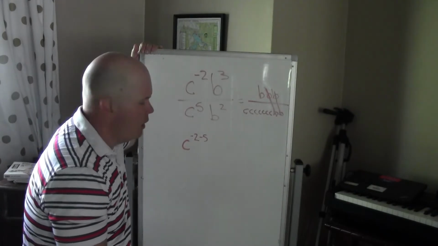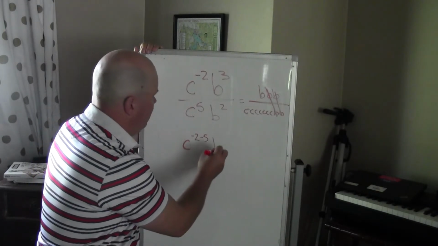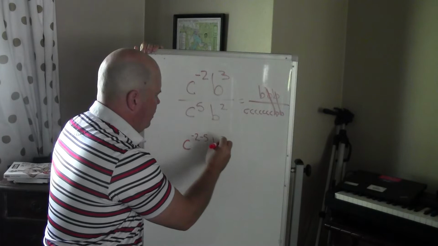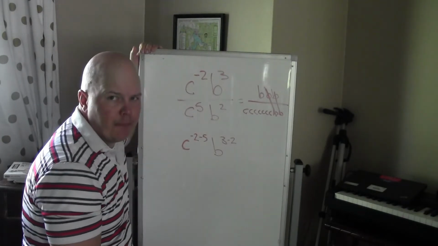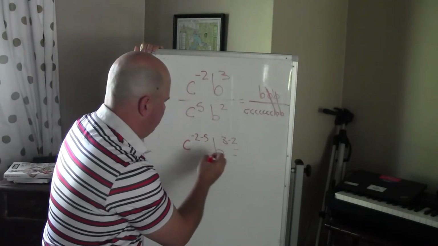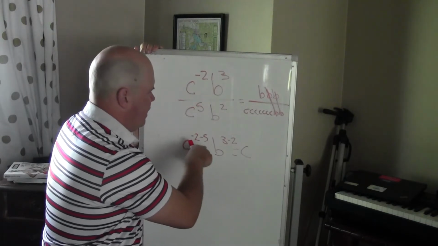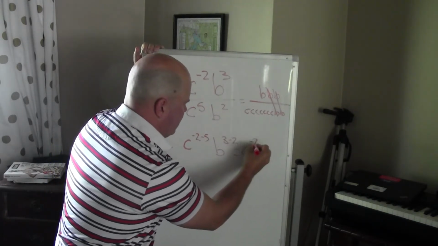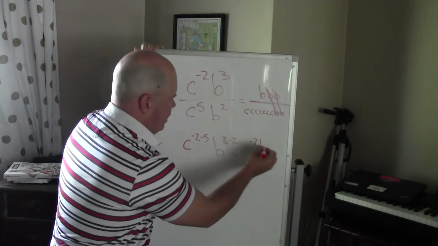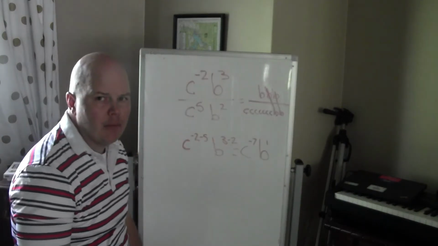Then I'm going to take my b, take my 3, and subtract 2 from that. And what I'm left with then would be c^-7, since -2 minus 5 is -7, and b^1, since 3 minus 2 is 1. And I'd be done.